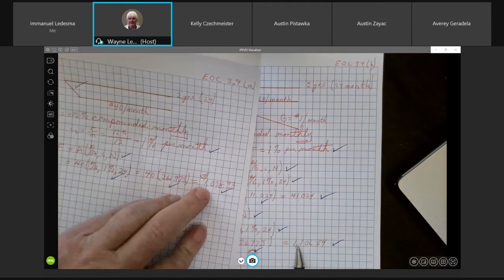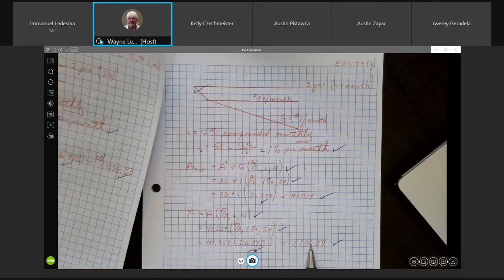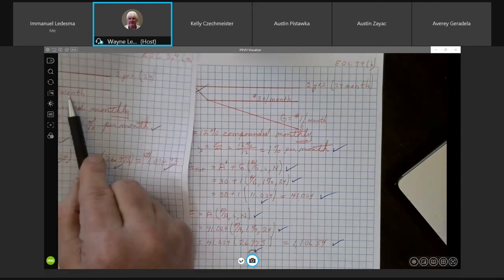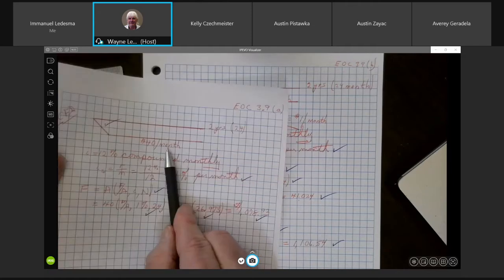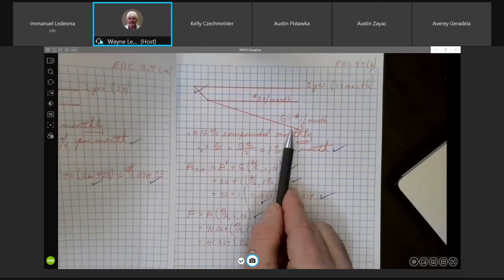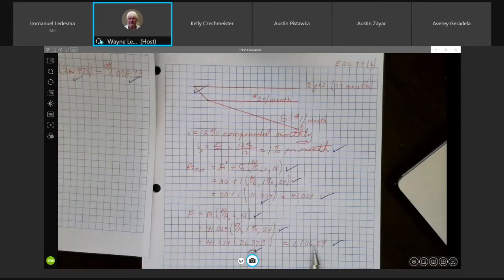And in this case, we generated $1,106, even though the amount in the first case was $40 per month. This was only $30 per month, but the gradient factor changed that over 24 months. That's why this one will be higher.